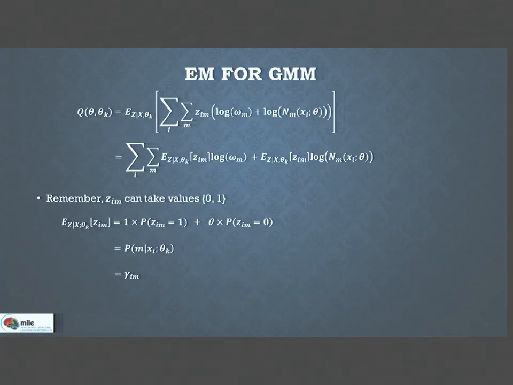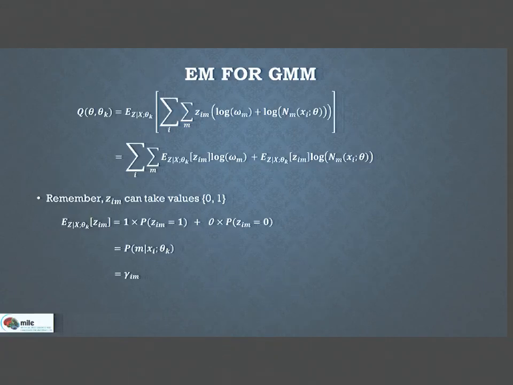The expectation is a linear operator, so we can take it inside. In the first term, z_im log omega m, the log omega m doesn't have any z term, so it can be taken out, and the expectation is applied only on the z.